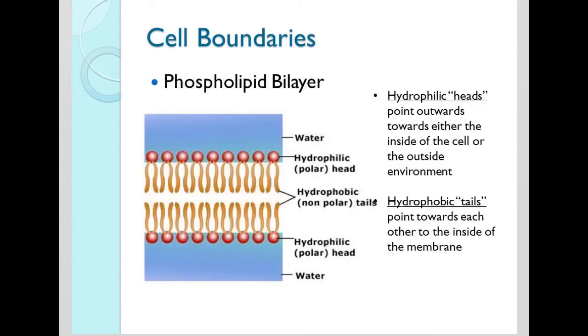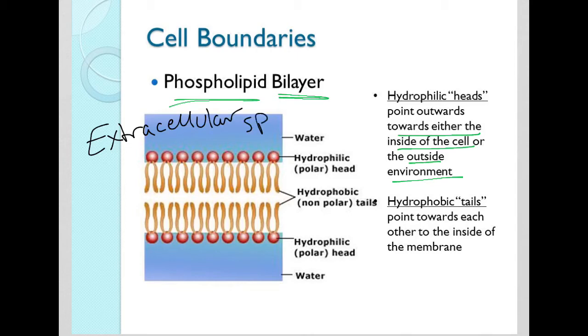And these come together to make a phospholipid bilayer, two layers of phospholipids. The hydrophilic heads point outwards towards either the inside of the cell or the outside environment. So here we have, let's just call this the extracellular space.